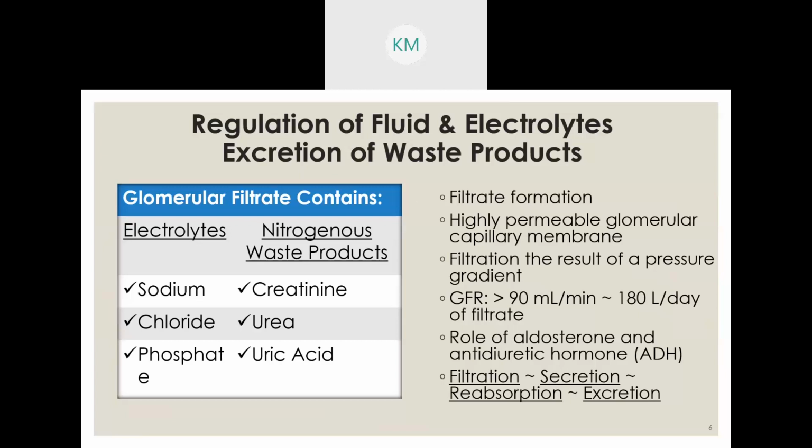Antidiuretic hormone is ADH. Aldosterone also plays a role in sodium reabsorption and promotes the excretion of potassium. The remaining filtrate, which is about 1% of the original 180 liters a day, is excreted as urine for an average urine output of 1 to 2 liters a day.